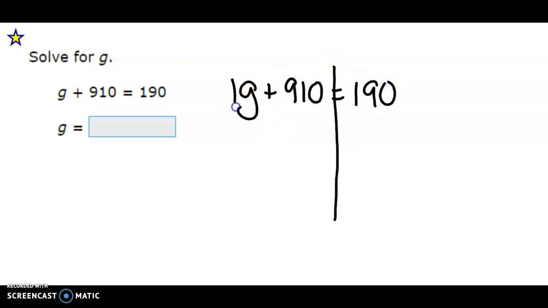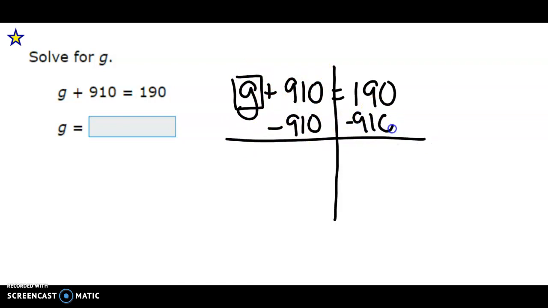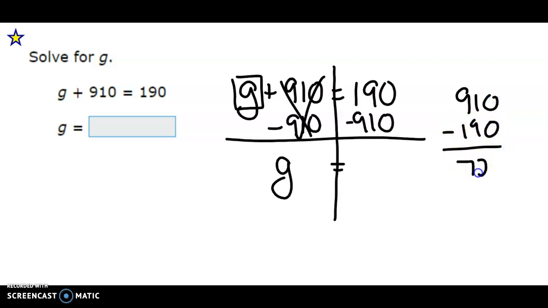You split, you isolated, you used a negative 910 to eliminate a constant of 910, and then hopefully you recognized that this is a positive, this is a negative, so you subtract 910 minus 190, and you got 720, and you recognized that the larger absolute value was negative, so your answer is negative 720.